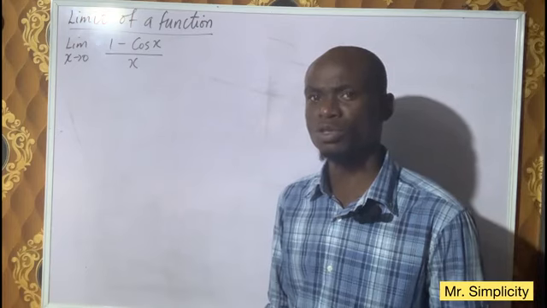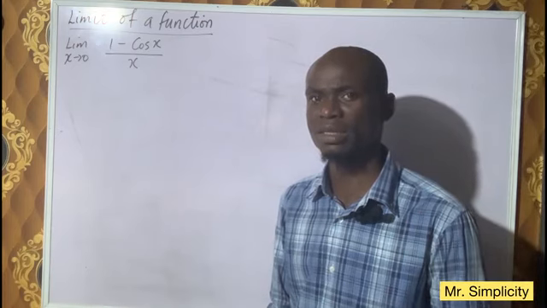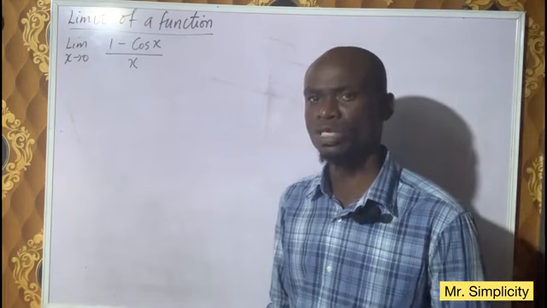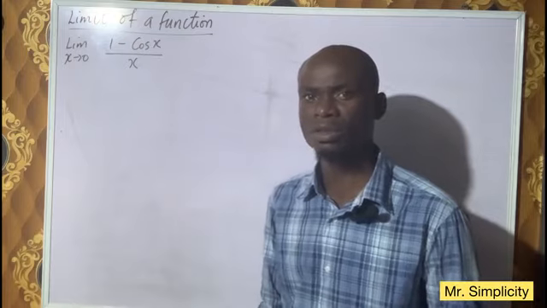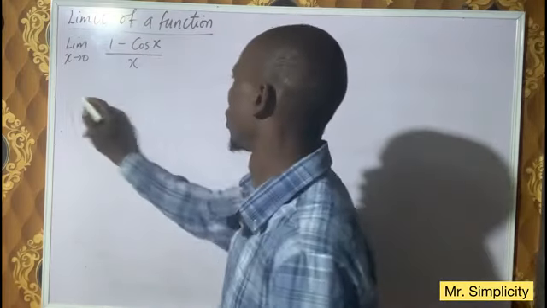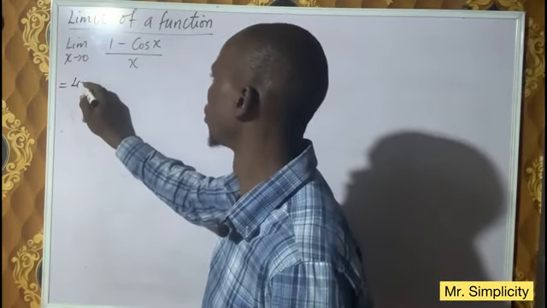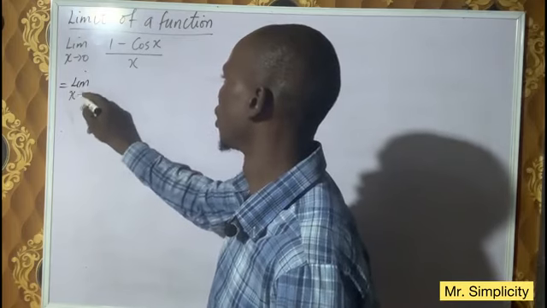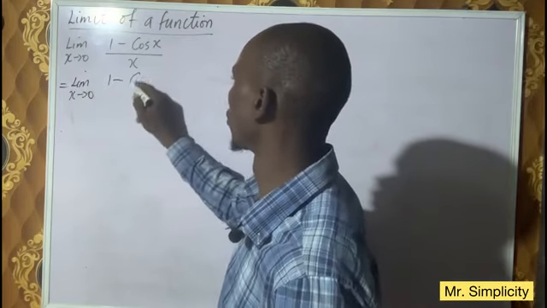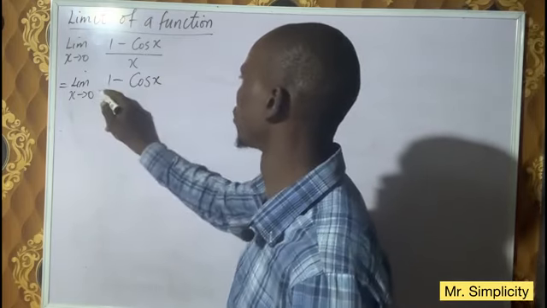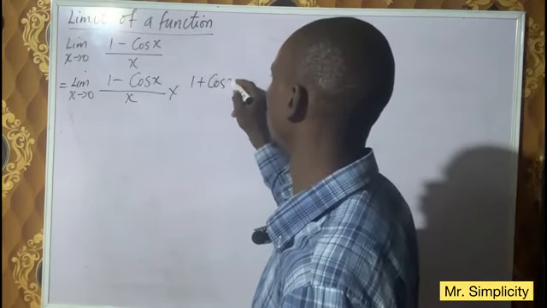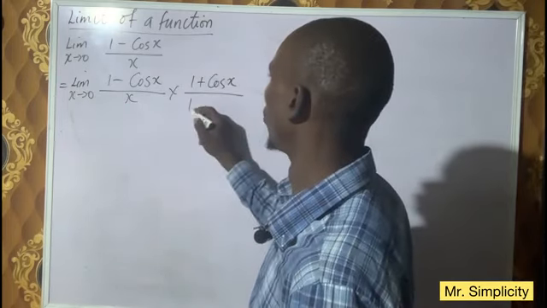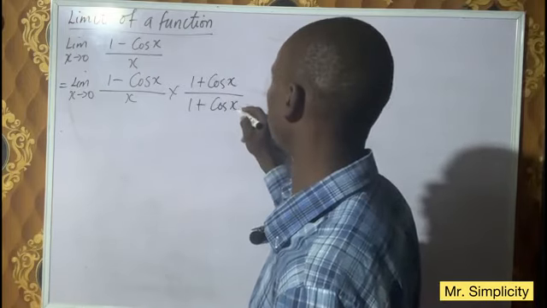The first approach to this question is to rationalize by the numerator. The numerator says 1 minus cos x, so if I want to rationalize, the conjugate will be 1 plus cos x. So this will become limit as x tends to 0, (1 minus cos x) over x, times (1 plus cos x) over (1 plus cos x).